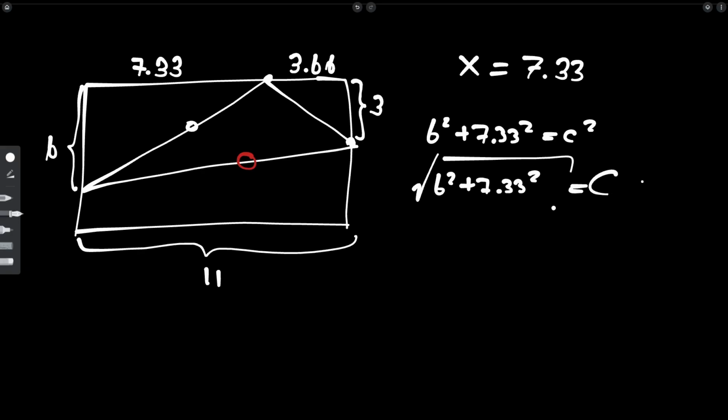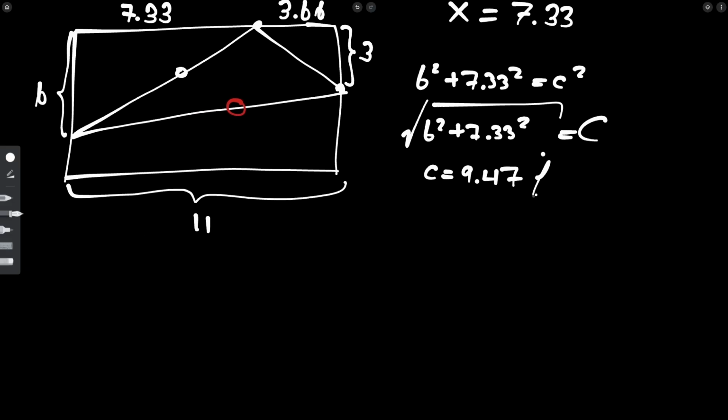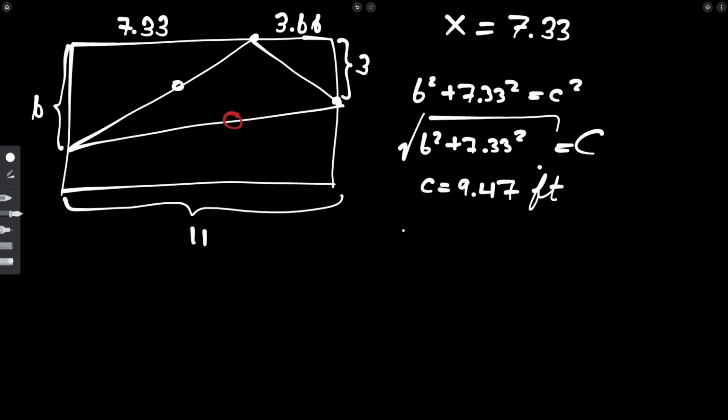Plugging this into a calculator gives us a c side of 9.47 feet.